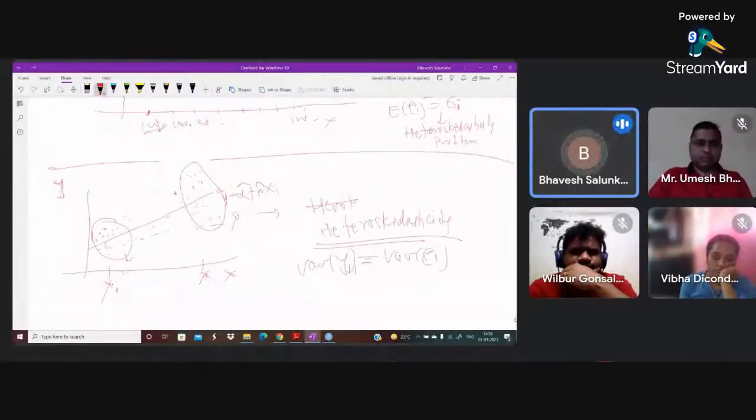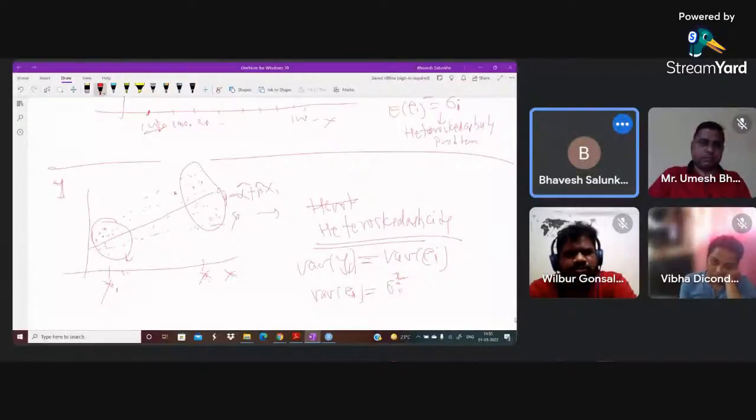So it implies that the variance of ei is actually changing with X. So the variance of ei, the error term, is sigma square i. The i subscript implies that for every ith family, the variance of the error term is different. So it changes with X.